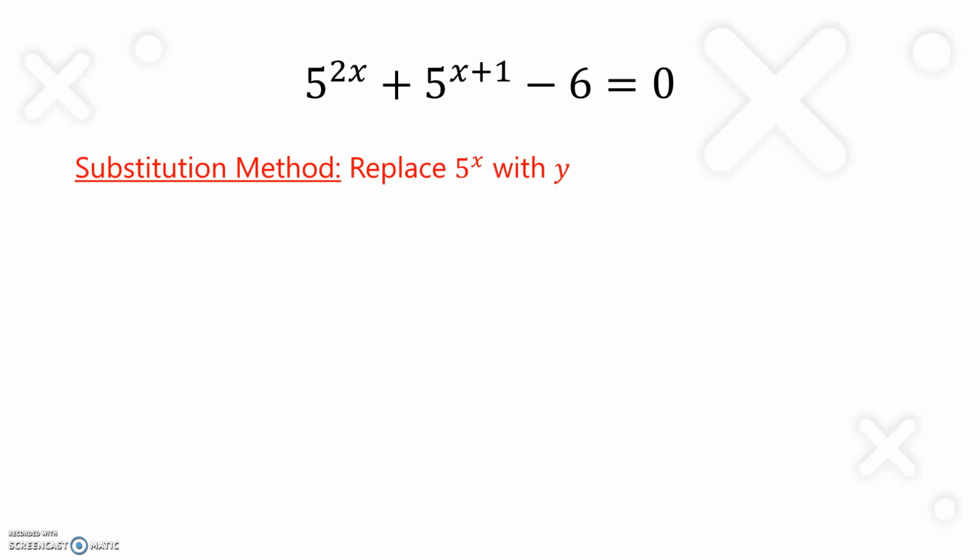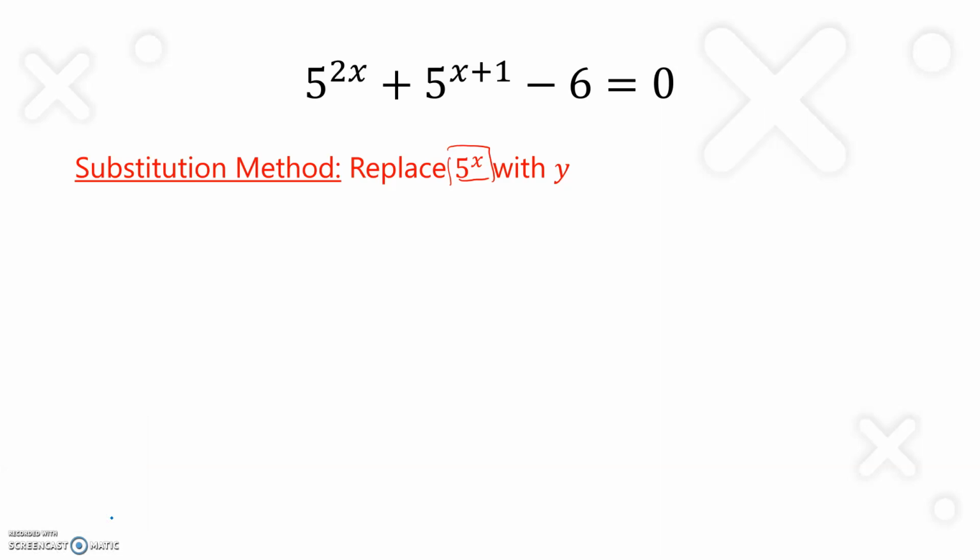Now we know that we want to find a value of x, and the base number in this equation looks like it's 5. So we can replace the 5 to the power of x, let's just call that a square box, with the letter y. So in this case, we have a different variable.